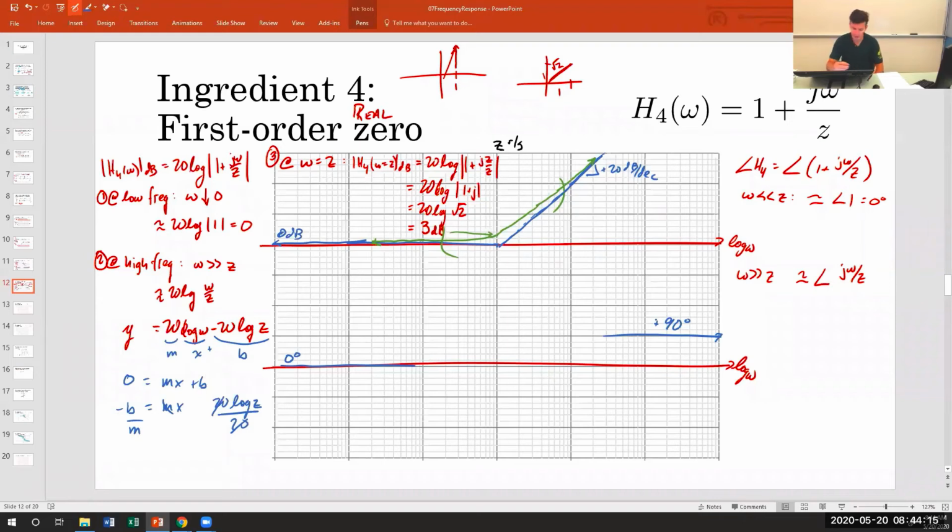Okay. So then the question becomes, what happens in the middle? Omega equals z, then the phase is the phase of 1 plus j, which if we look up here is exactly 45 degrees. So there's no approximations here. We know that this has to pass through this point.